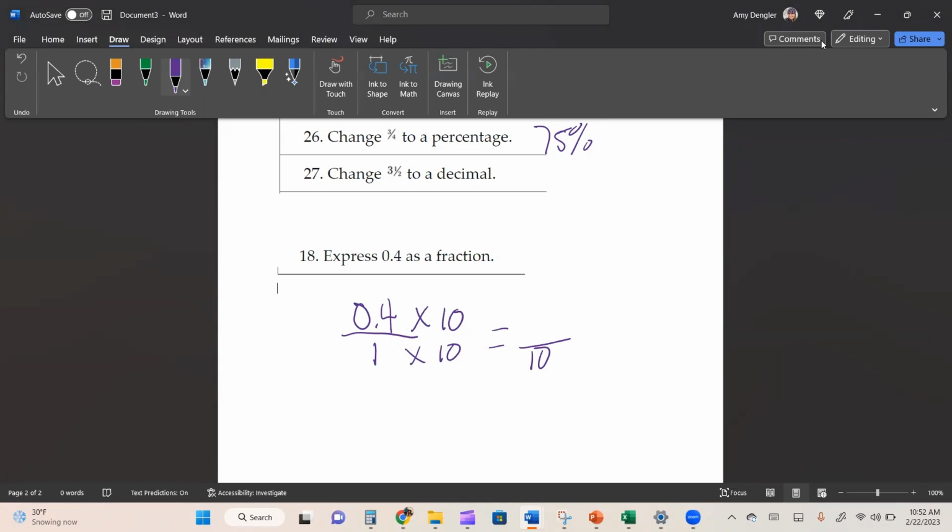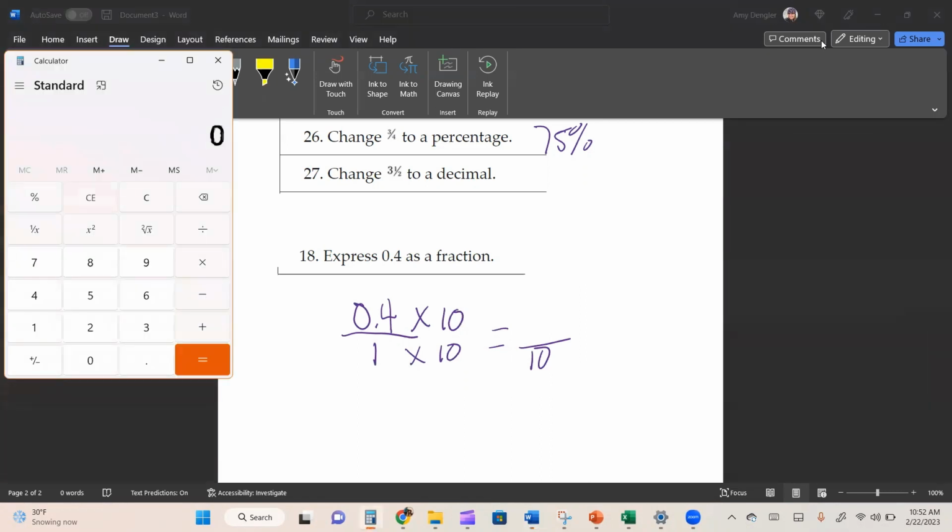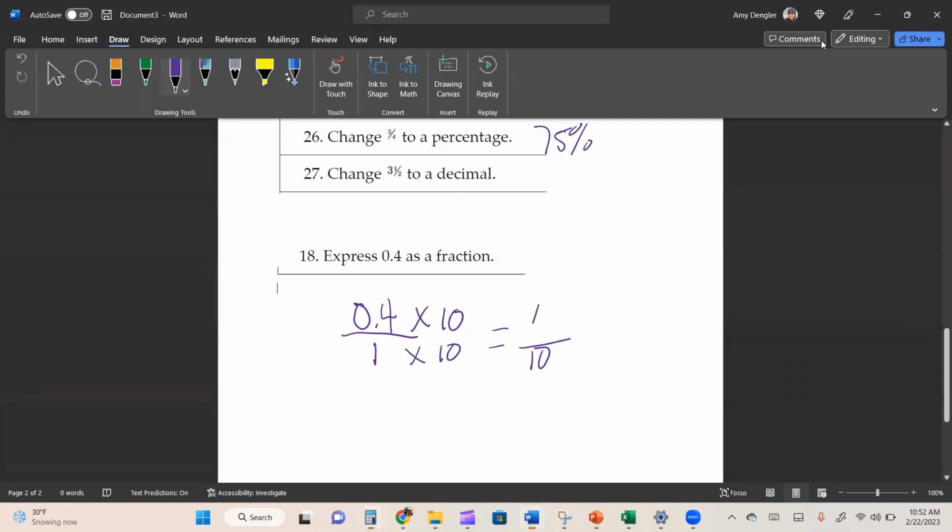And 0.4 times 10 is 4. So we get the fraction as 4/10. Then we just need to reduce that further. 4 cannot go into 10 evenly, so we'll do 2. So we get 4 divided by 2 is 2, and 10 divided by 2 is 5. So that is 2/5.